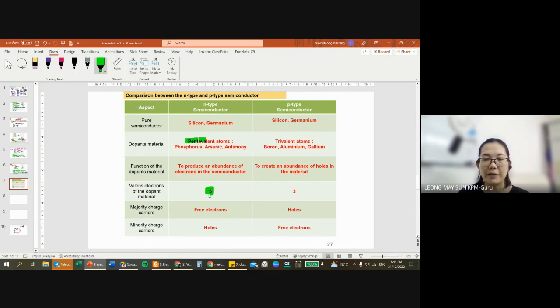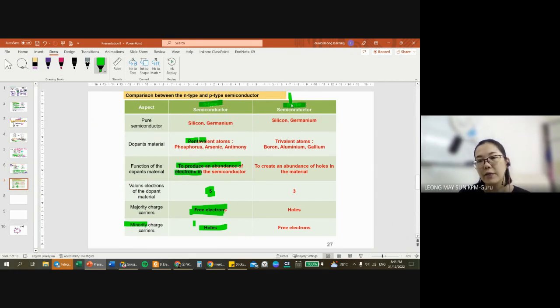Penta means 5 valence electrons, which means 1 additional free electron. Its main purpose is to create an abundance of electrons in the semiconductor. The majority charge carrier will be free electrons, while the minority will be holes. So that's for the N-type semiconductor.